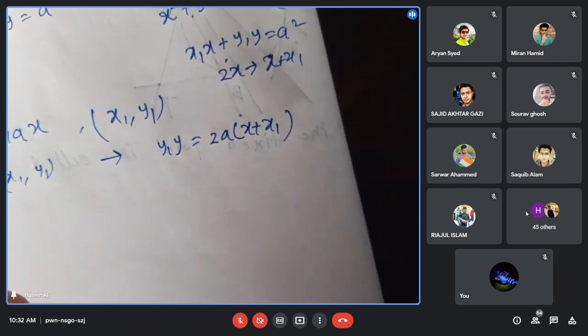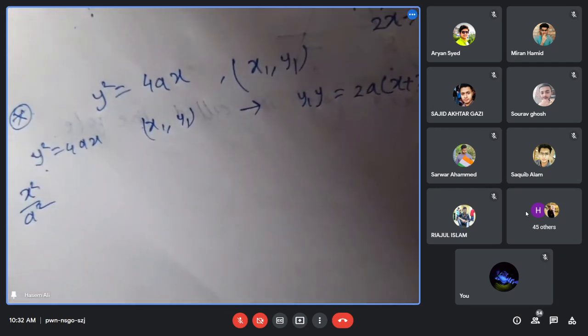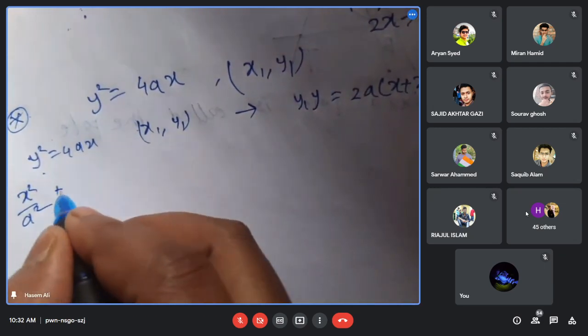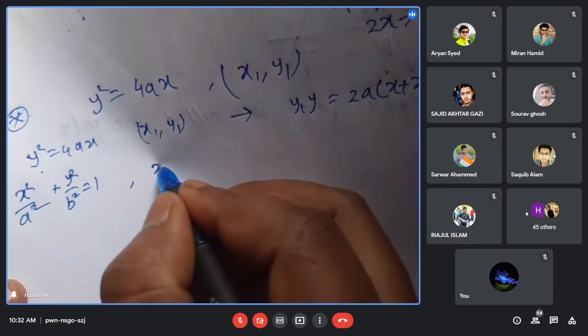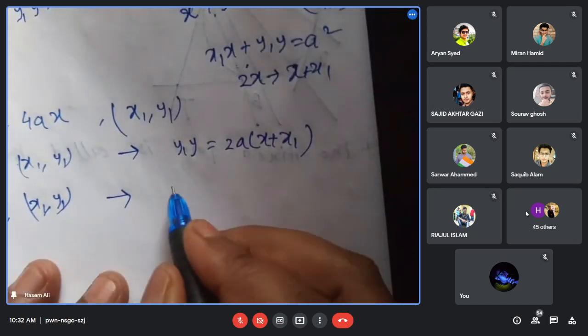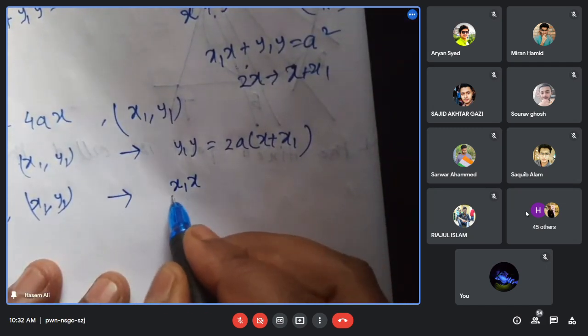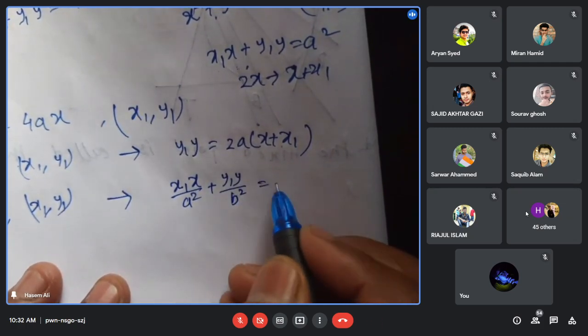For the ellipse x square by a square plus y square by b square equals 1, the point is the same, x1 y1. Then the polar will be x1 x by a square plus y1 y by b square equals 1.